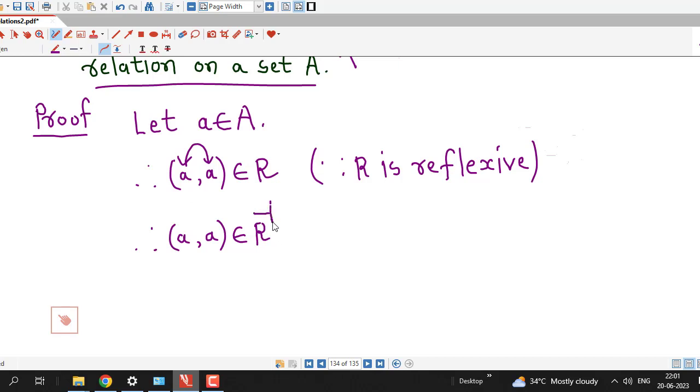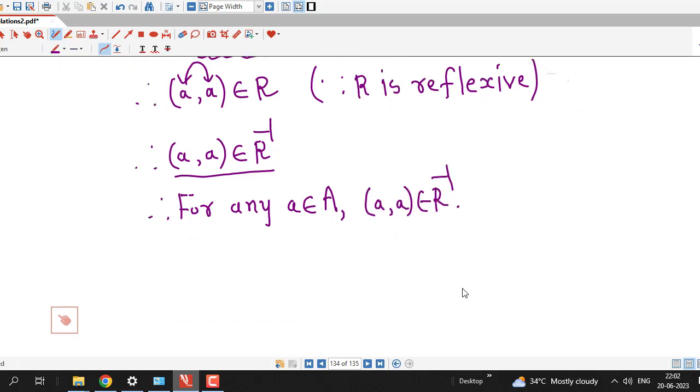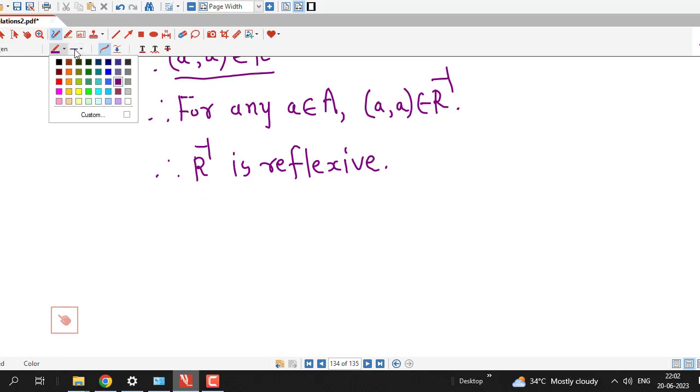Therefore by the definition this is in the converse of R, and this A is an arbitrary element of capital A. Therefore for any A in the given set capital A, the ordered pair (A, A) belongs to R inverse, and therefore R inverse is reflexive. So this is the first property to prove that R inverse is an equivalence relation.